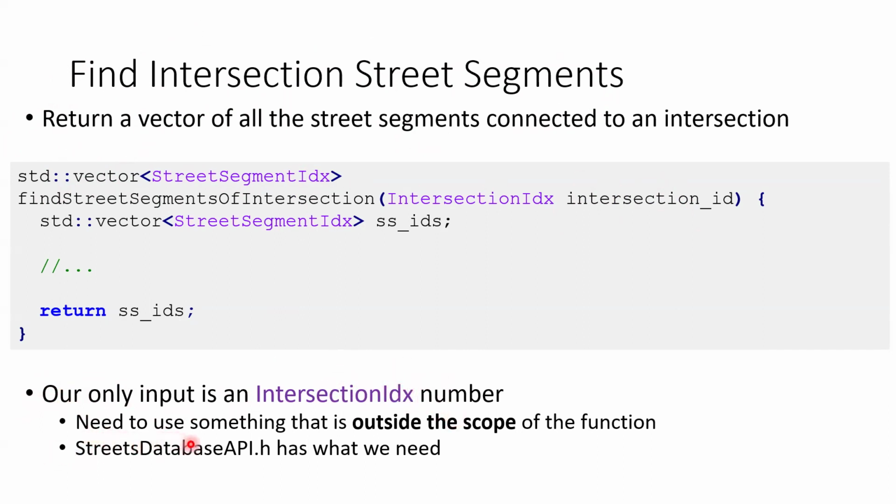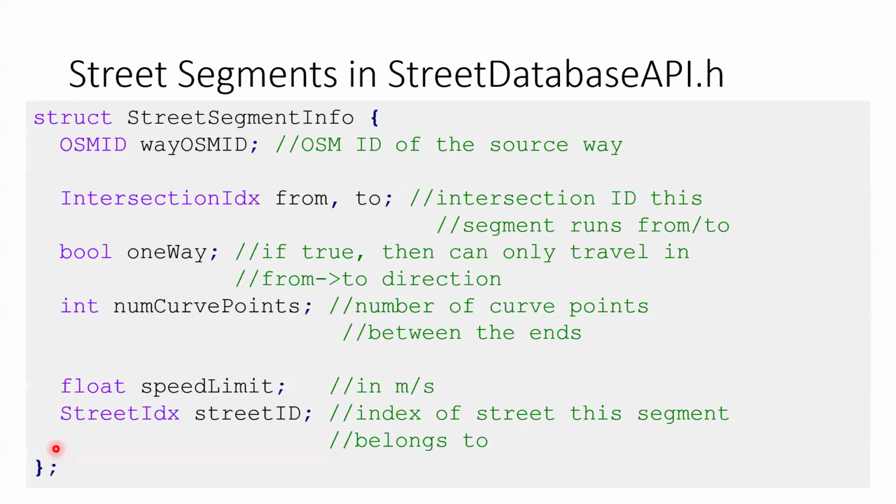So we need to use something that is outside the scope of the function by calling the external database API in streets database API.h. This is also a header file that you should be reading from top to bottom.